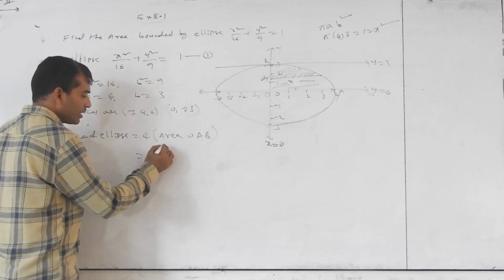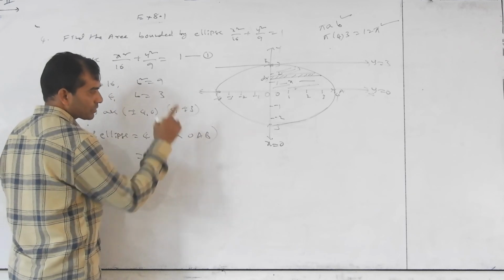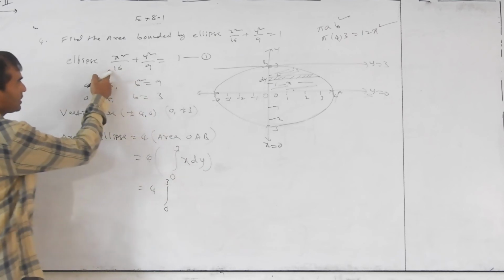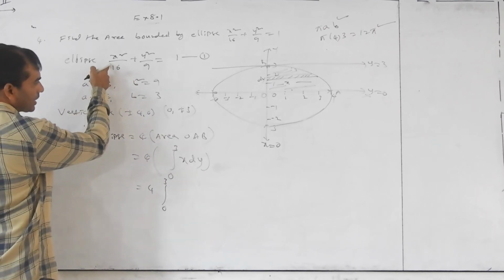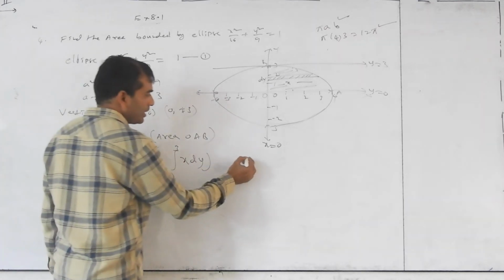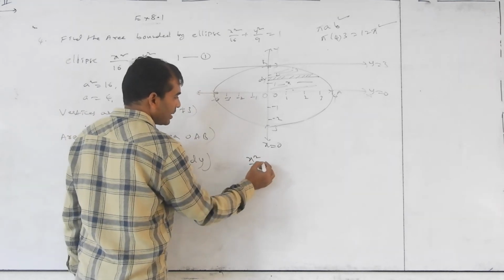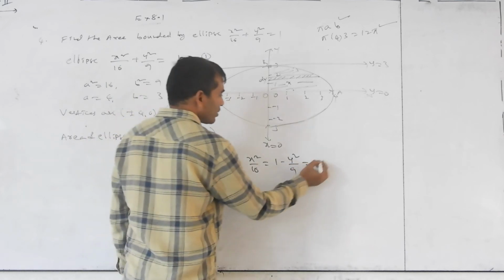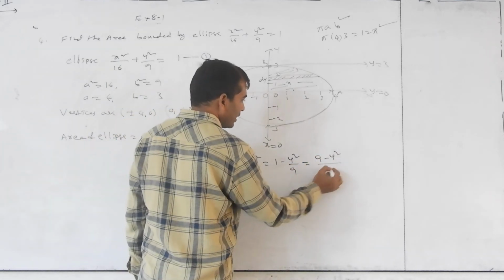4 into area. What is the area of the small rectangle? x dy, from 0 to 3. We should write this in the form of y. Here x square by 16 equal to 1 minus y square by 9, which is equal to 9 minus y square by 9.